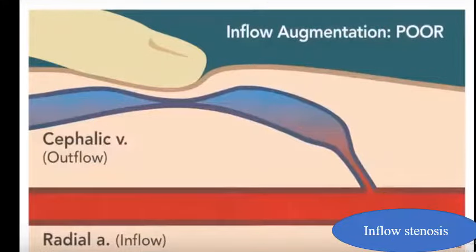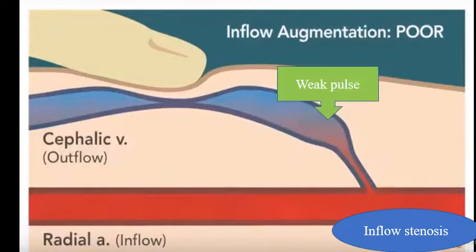If you do the augmentation test and you find that the segment which should be hyperpulsatile shows a weak pulse, this means that there is stenosis of the artery, or at the opening of the AV fistula there is inflow stenosis. The blood which comes to the AV fistula is low or weak. So the stenosis will be at this site.